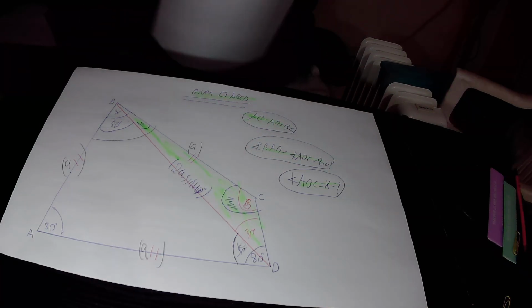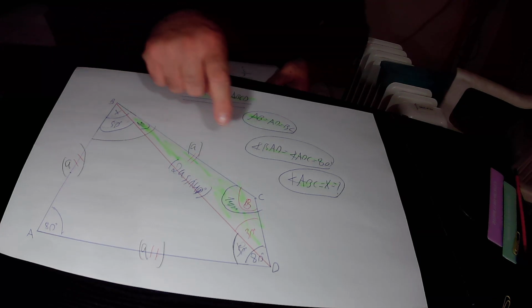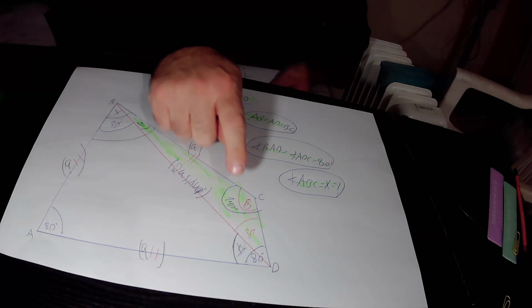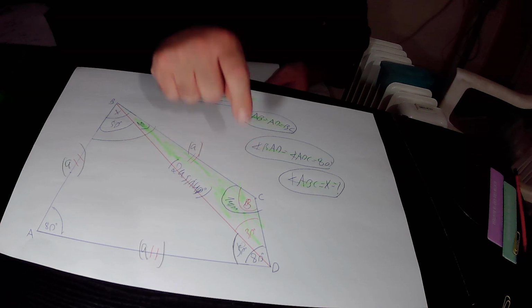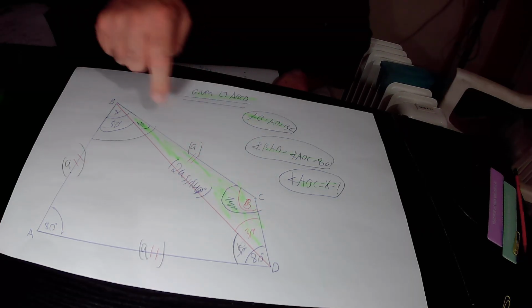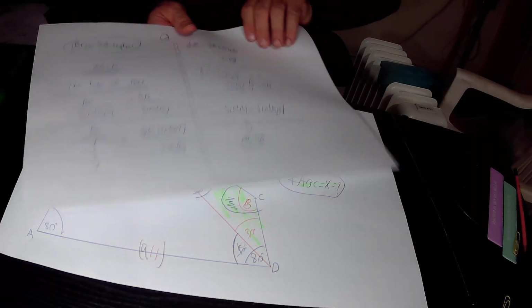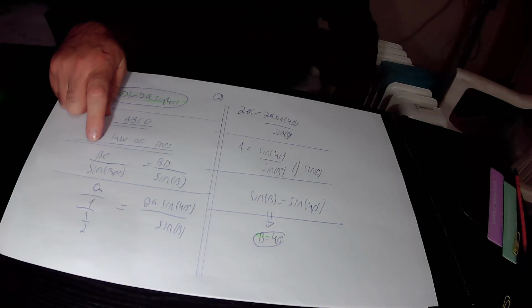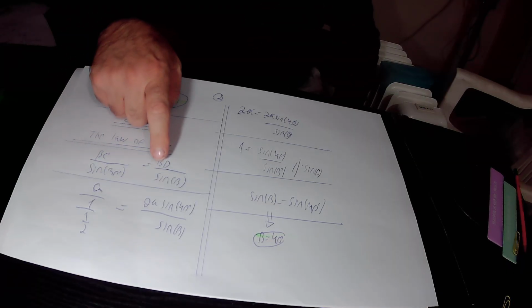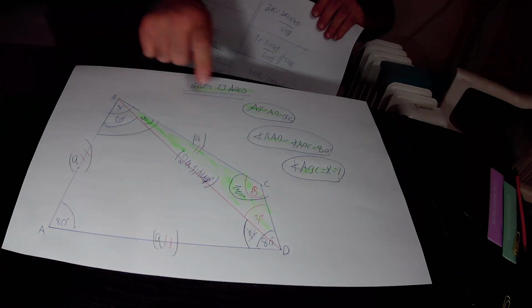According to the law of sines, in this green upper triangle BCD, BC over sinus 30 degrees equals BD over sinus beta. According to our definition, BC equals A.